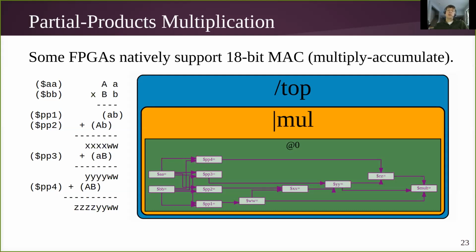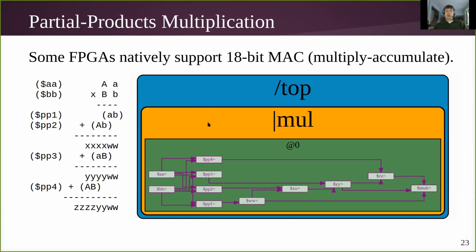So here we're implementing a multiply using these MAC or DSP blocks to implement a wider multiply. So I think here we're implementing a 35-bit multiply, if I'm not mistaken, which is essentially two 18-bit multiplies.